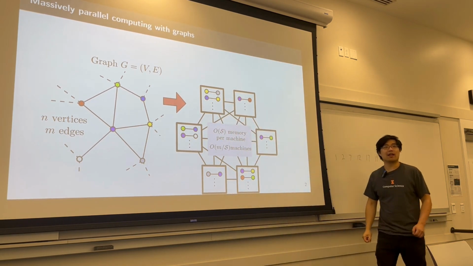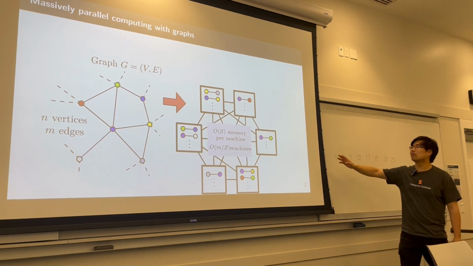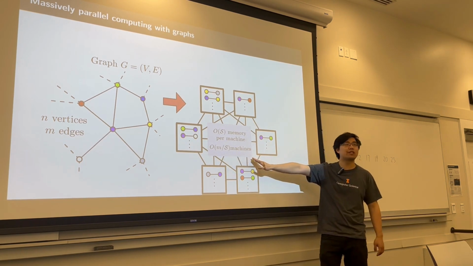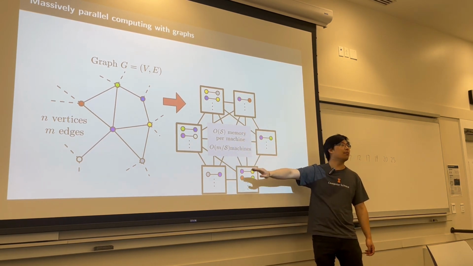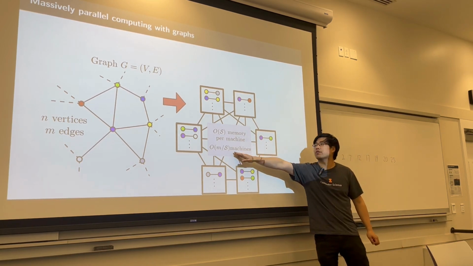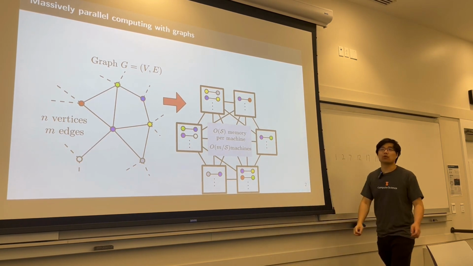So we can assume that we have enough machines to store the entire graph, but we don't want to use that many more machines, so we want to limit ourselves to around M over S machines.